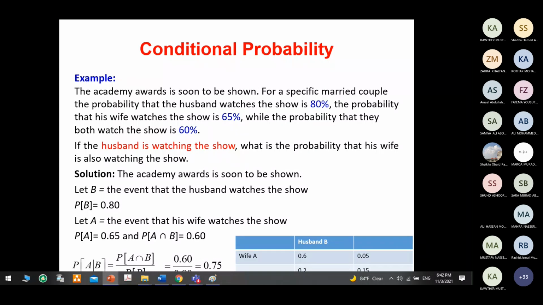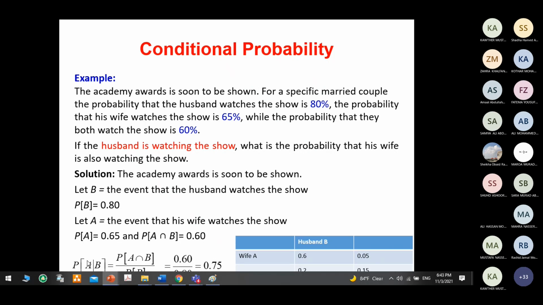They are not disjoint. They are intersecting. They are overlapping. Then I will say, okay, probability of B, he gave it to me, which is 80%, 0.8. Probability of A, for the wife, 65%, which is 0.65. The intersection between them is 0.6.